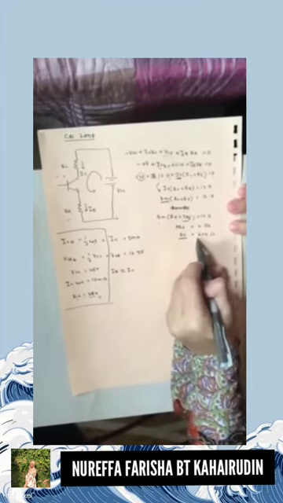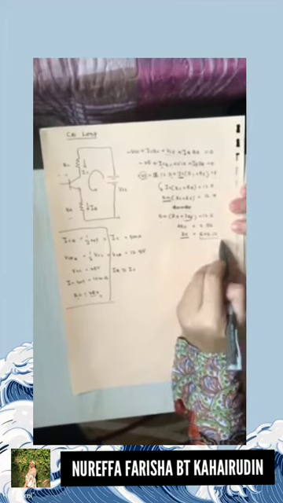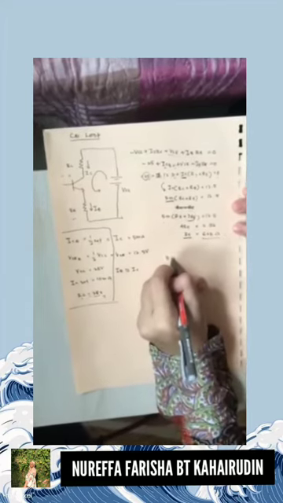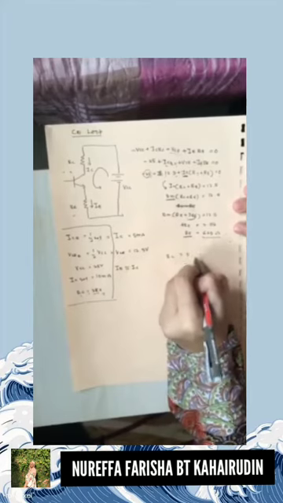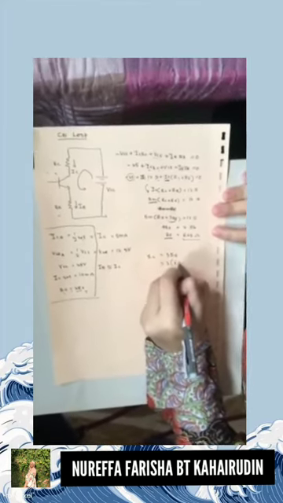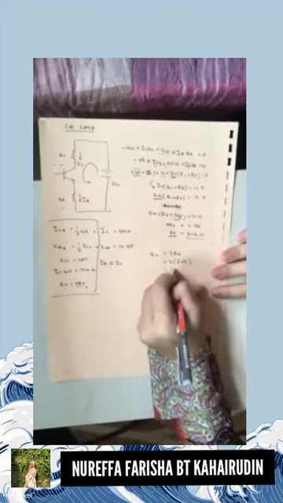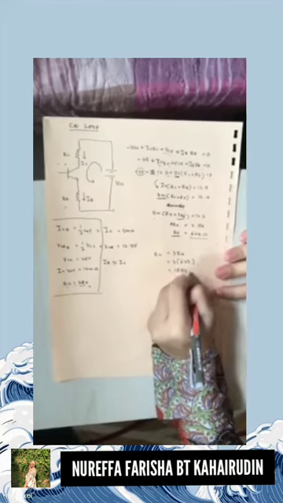So I get RE as 625 ohm. So to find RC, 3RE, so 3 times 625, and we get 1875 ohm.